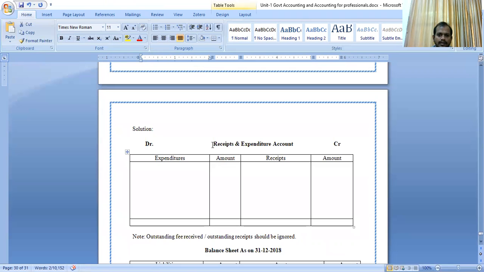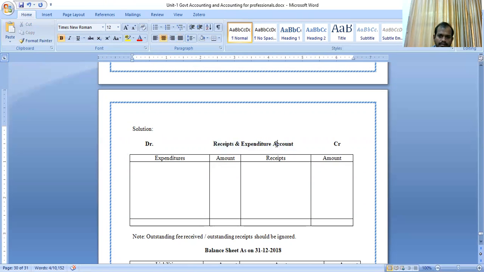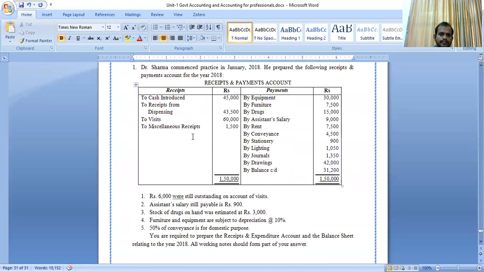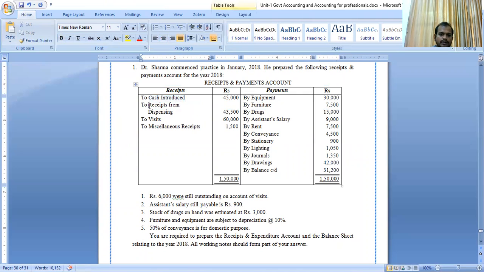One more thing, this is nothing but a profit and loss account. But whatever the incomes or receipts, we have to record on cash basis. Cash is an asset, but cash introduced we have to consider as capital at the beginning of the practice. Whatever they introduce, we consider it as capital.